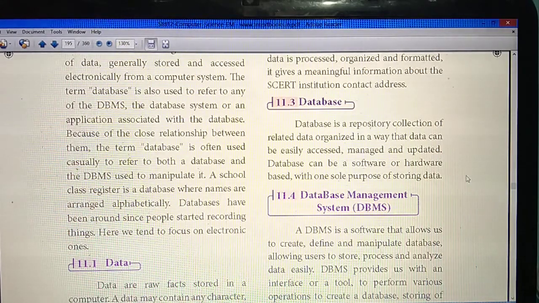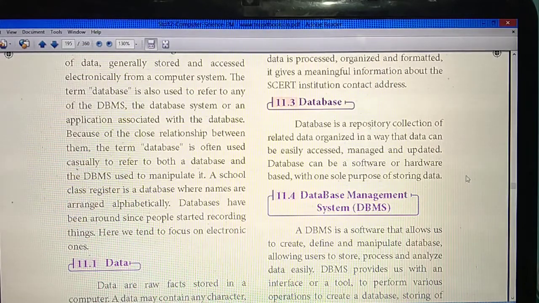Only the 12A register is one collection of data, then 12B is the next collection of data, 12C the next collection. Altogether the full 12th register we can say is a repository collection. That is a huge collection. Separately 12A, 12B, 12C are small collections of data. But altogether, all the 12th student details stored in one database is called a repository collection.